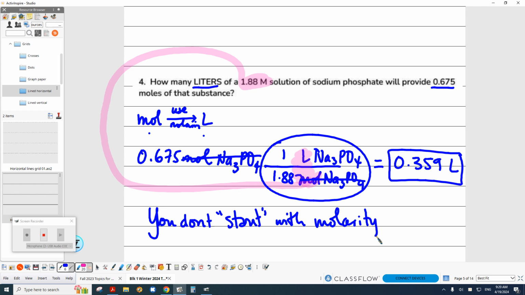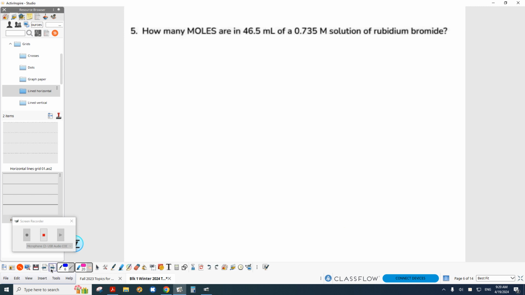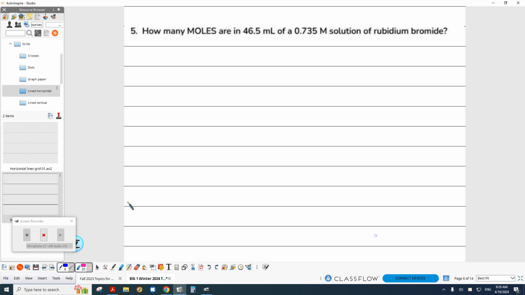So let's apply that statement. You don't start with a molarity in question number 5. How many moles are in 46.5 milliliters of a 0.735 molar solution of rubidium bromide? First of all, this is RbBr, because Rb is positive 1, Br is negative 1. There it is. Anyway, here's the thing. That's milliliters.